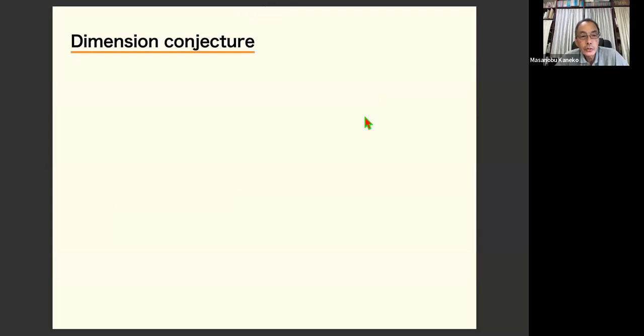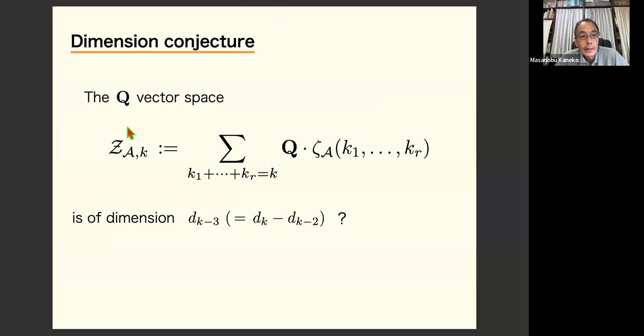There's also a dimension conjecture in the same game, for the Q-vector space. This is also due to Don Zagier, who conducted numerical experiments. So let's again consider the Q-vector space, this time in the ring A, the Q-algebra A, spanned by these finite MZVs of given weight.